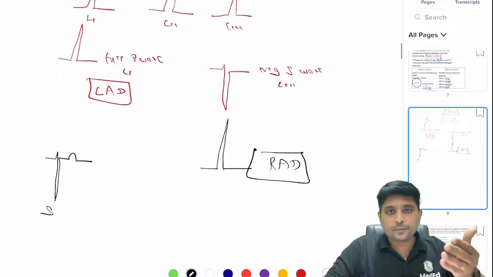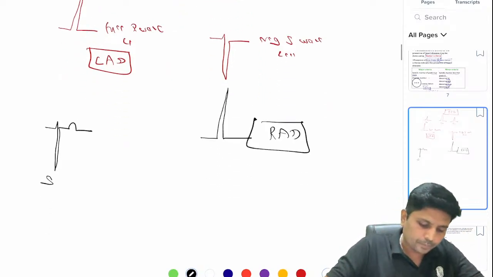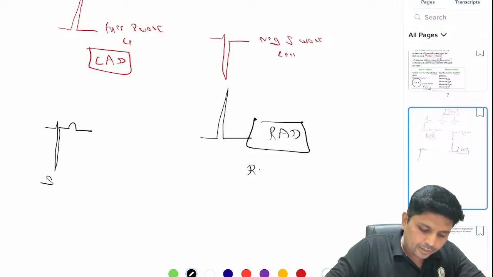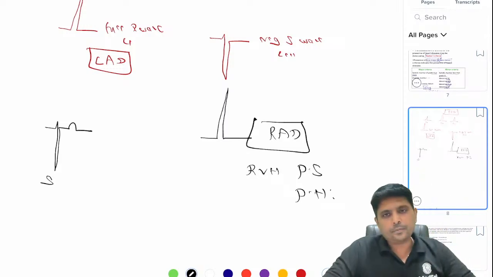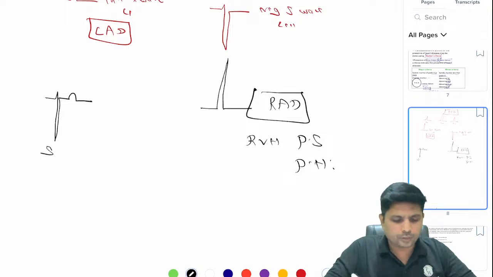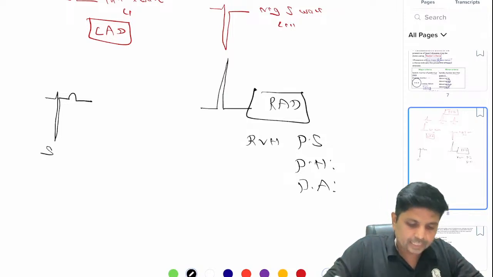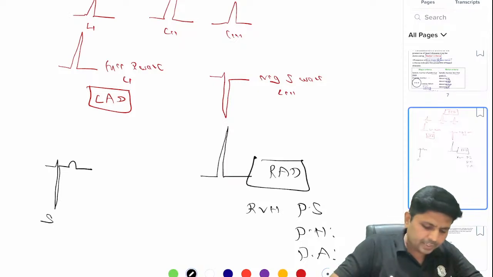What are the causes for right axis deviation or right ventricular hypertrophy? Very simple. The causes of RVH are pulmonary stenosis, pulmonary hypertension, and pulmonary atresia. For you, this is more than enough. What are the causes for left axis deviation?